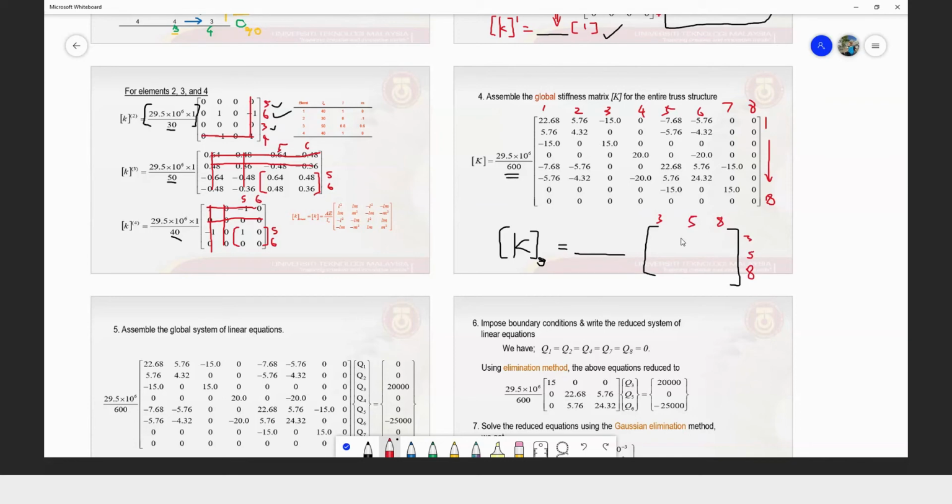How do we prepare this? Very similar to how we prepare the global matrix when we solve the 1D bar problem. We have to look at the address here, then we add address by address here. For example, for the element 5, we have 5, 6, 3, and 4.